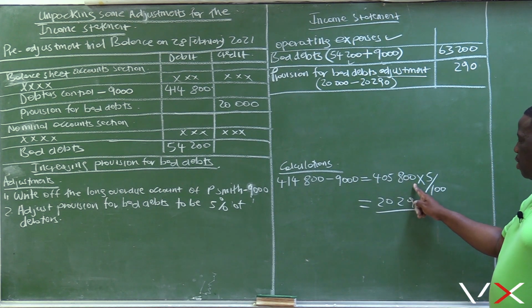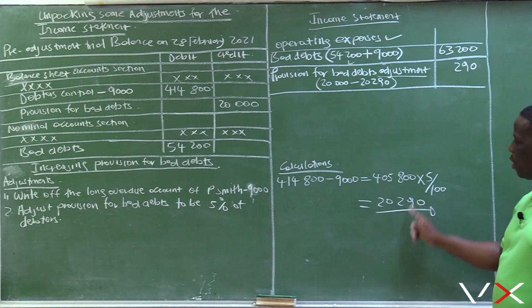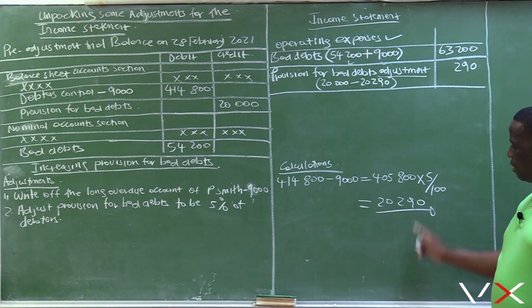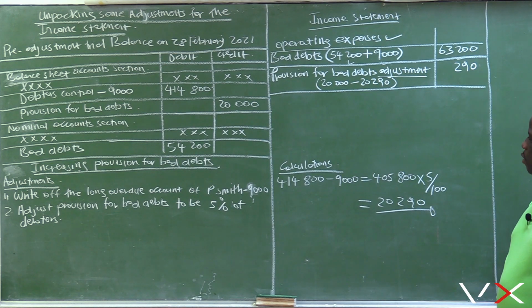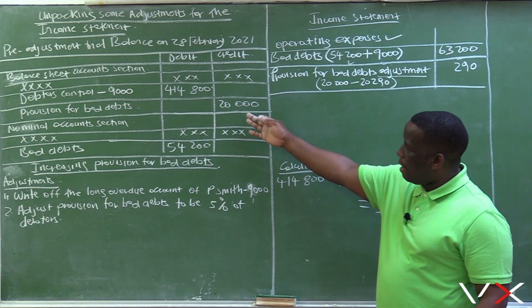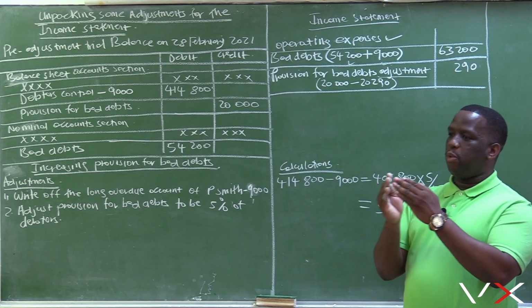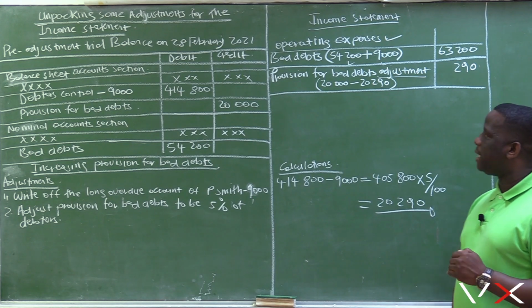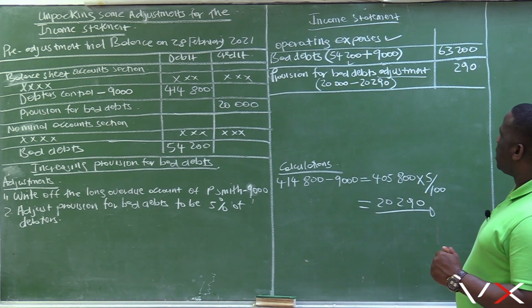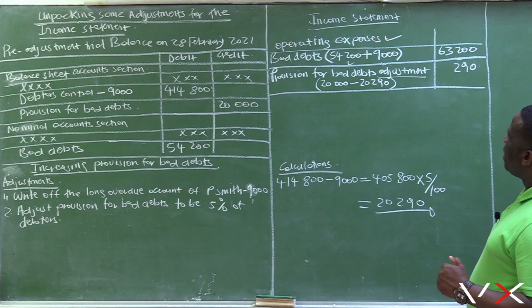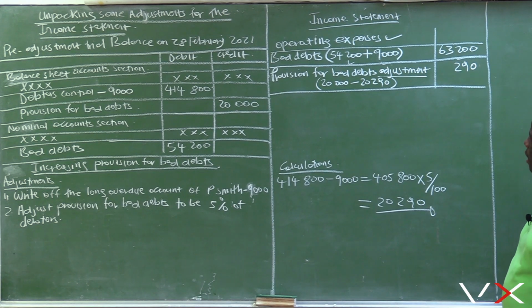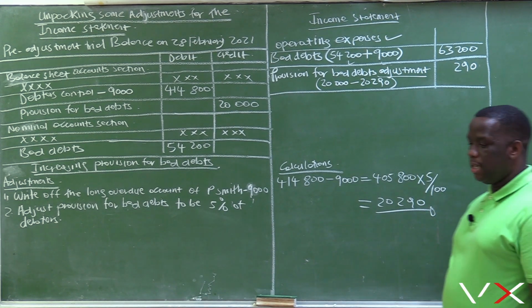Working with the correct amount leads you to calculate the correct provision for bad debts. In this case it is 20,290, and we currently have 20,000, so we have to increase it by 290. Increasing provision for bad debts makes provision for bad debts adjustment an expense, so it will be included in your income statement under operating expenses as 290.